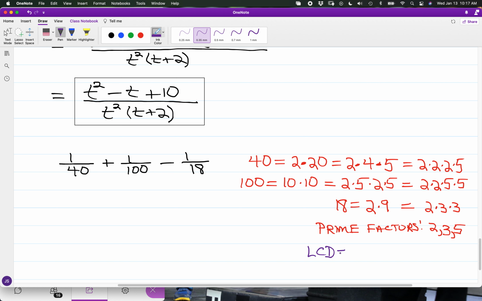Now for the least common denominator, you're looking at the greatest representation of each of the prime factors from the 3 factorizations, consolidated. So we have 2, which appears once from 18, twice from 100, and 3 times from 40. As for the number 3, it appears twice.